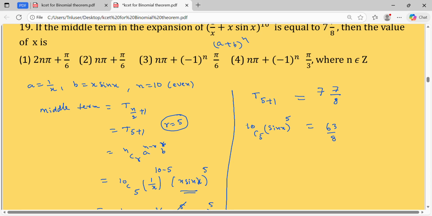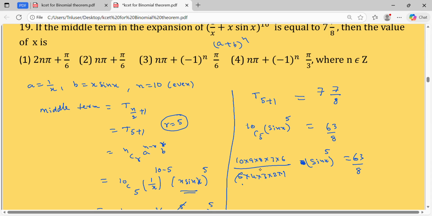Now what is this 10C5 value? Find it out. So the 10C5 value is 10 into 9 into 8 into 7 into 6 divided by 5 into 4 into 3 into 2 into 1, into sin x power 5, that equals 63 by 8.